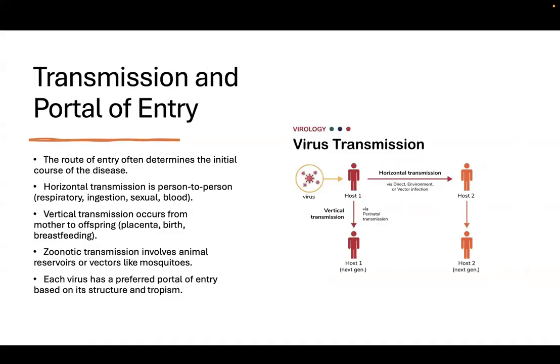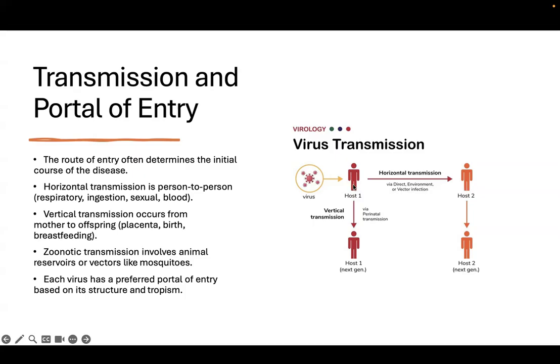So transmission, as we know, is technically the first thing that has to happen. There are two ways that viruses can be transmitted when it comes to human contact: horizontally or vertically. Horizontal basically means from person to person.